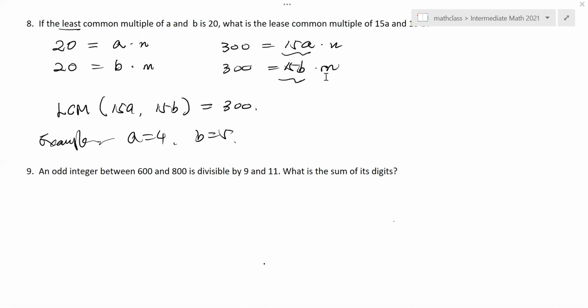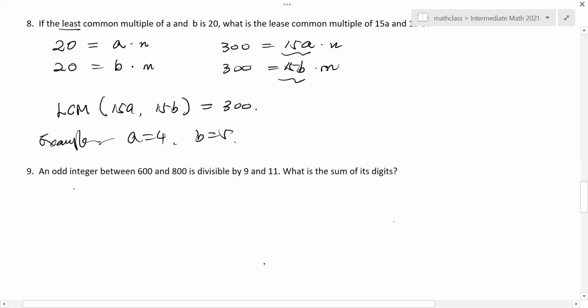All right, I think we can do a quick way. 9 and 11 do not have a common factor.